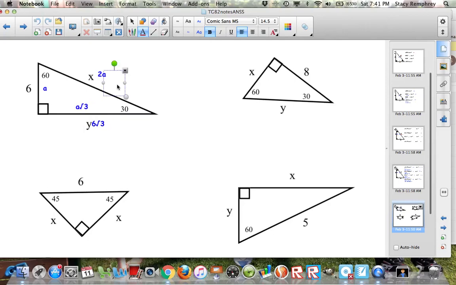And x is going to be 2 times 6, which equals 12. All right, so over here, I'm going to put my little reminders again. This is A root 3, this is 2A.